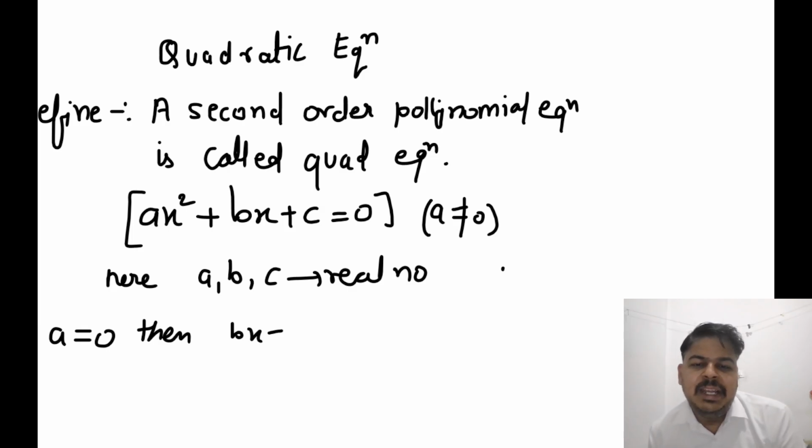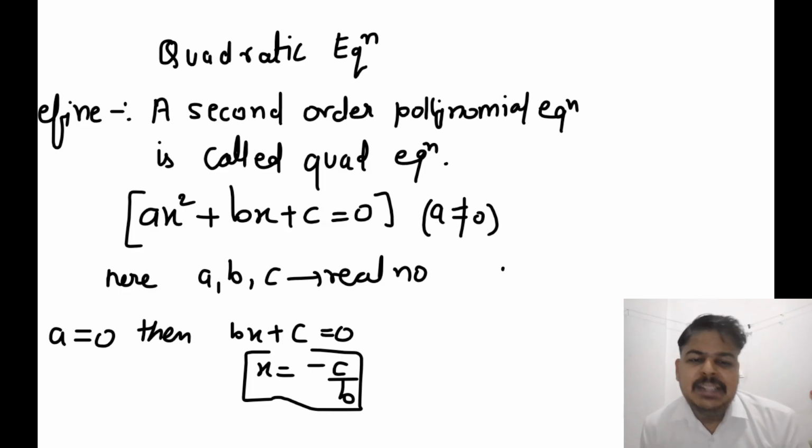It must be a linear equation, that is bx plus c equal to 0, and the value of x is equal to minus c upon b. It is the necessary condition. So if a equal to 0, then bx plus c equal to 0 and x equal to minus c upon b.